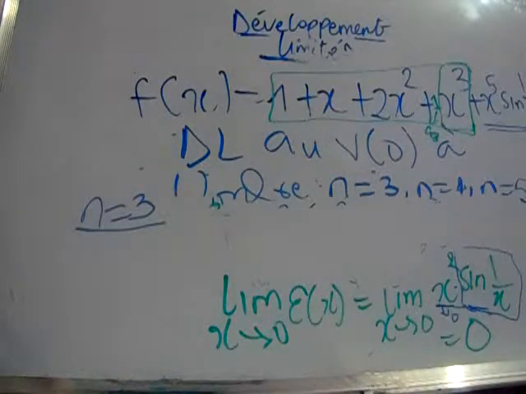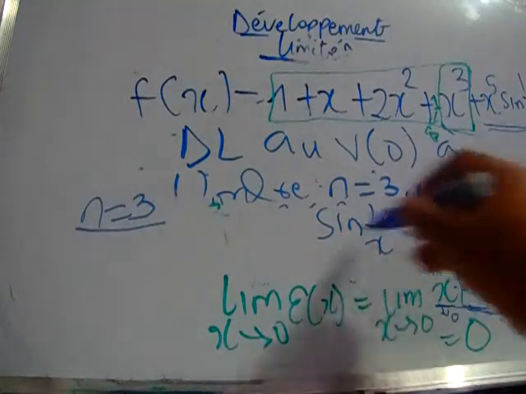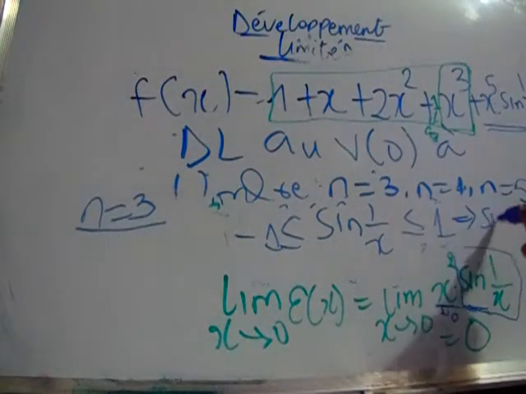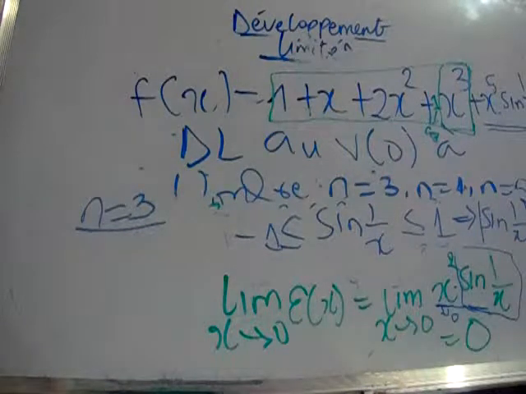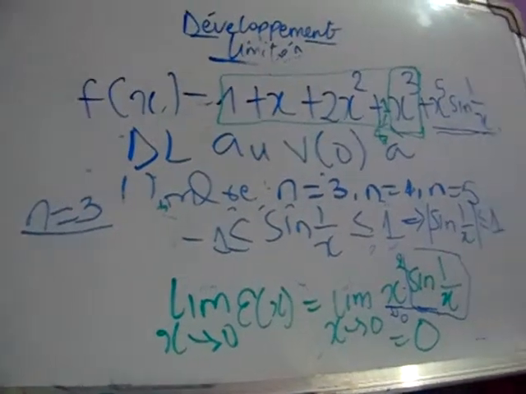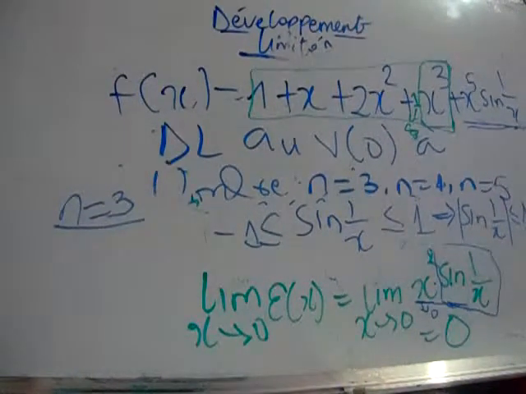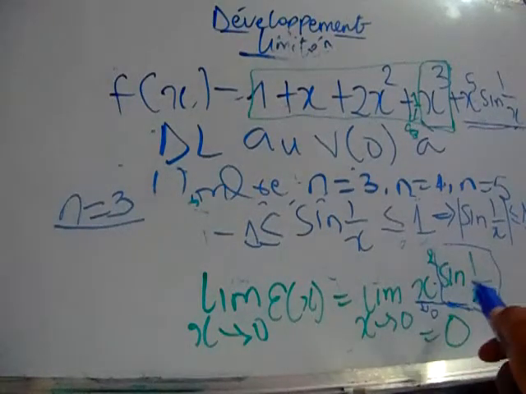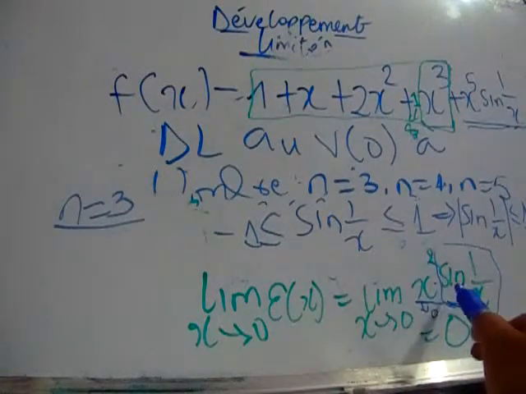So sine of 1 over x is a function that is bounded. That means it's between 1 and negative 1. This is the same thing as saying the absolute value of sine of 1 over x is at most 1. Since sine of 1 over x is bounded, the theorem states that a bounded function multiplied by a function that converges to 0 or approaches 0 has limit 0.